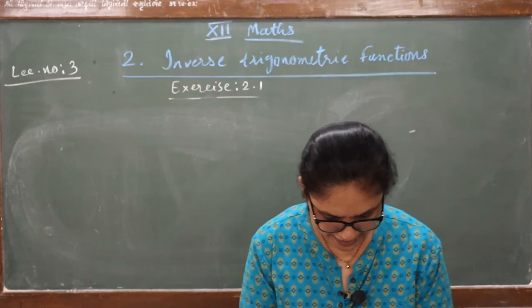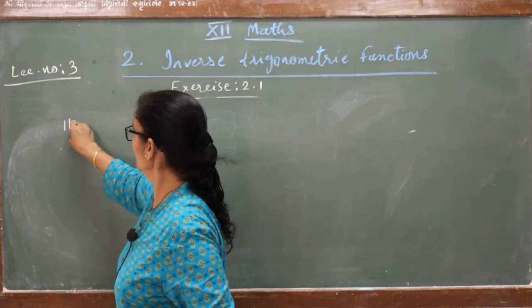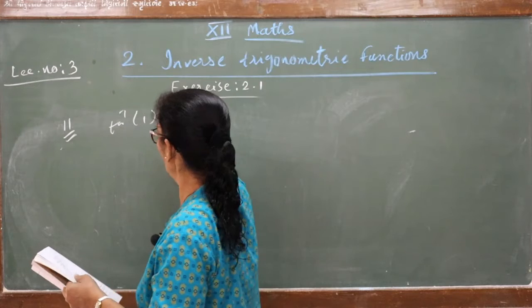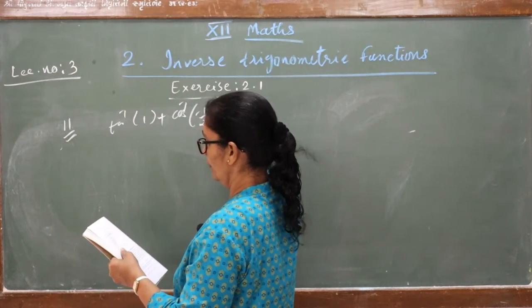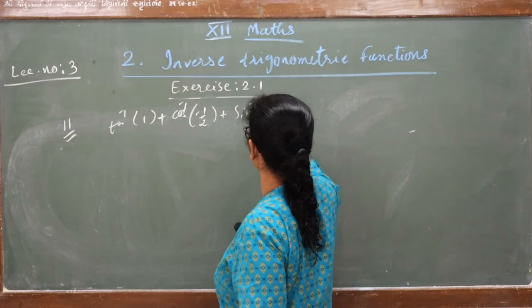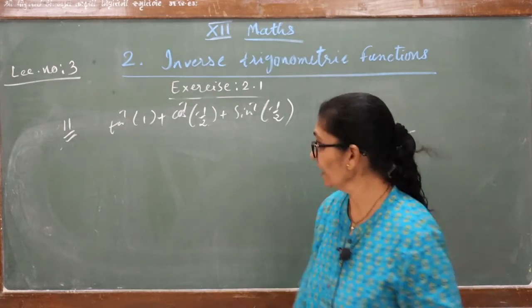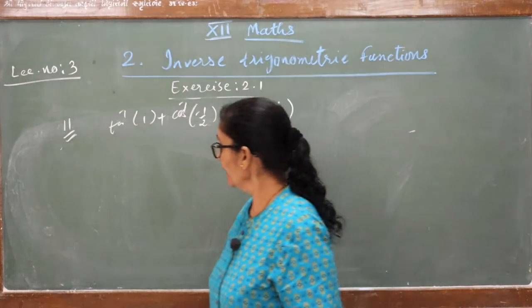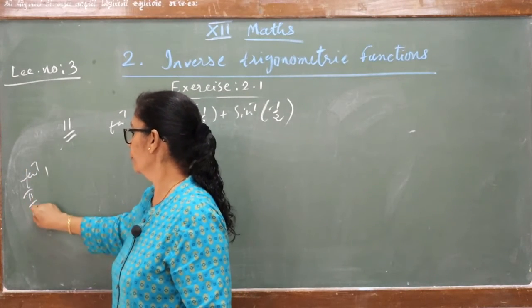Our 11th question, find the values of the following: tan inverse 1 plus cos inverse minus half plus sin inverse minus half. Okay, now we start with our first value, tan inverse 1. Tan inverse 1 means what? We already know tan pi by 4 is 1.